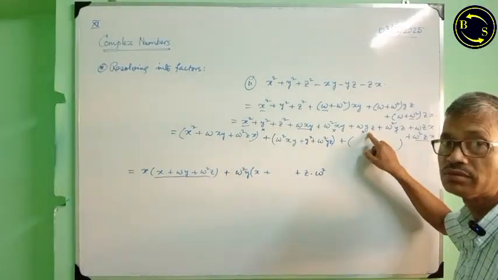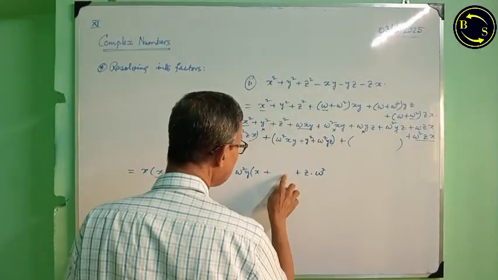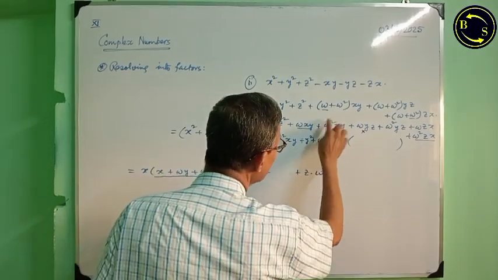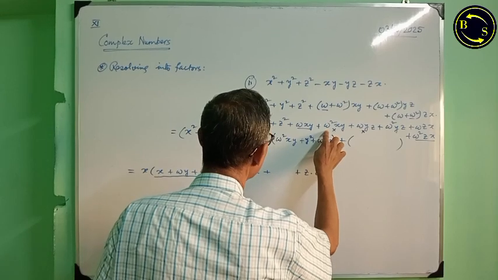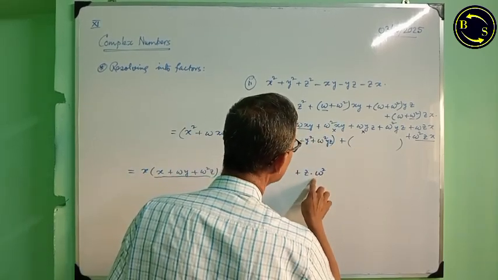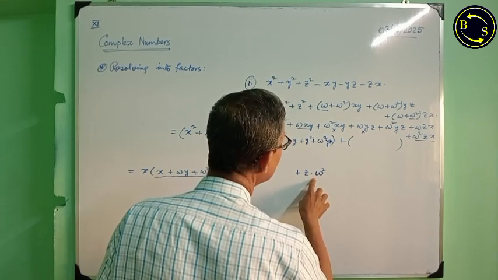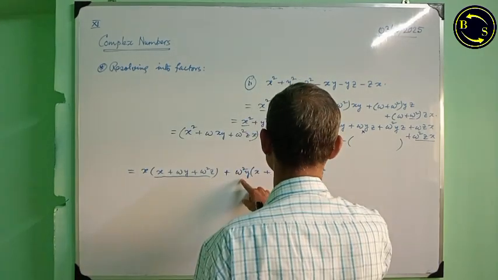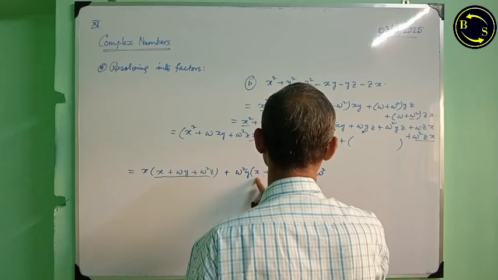That means this term. Now this will be y term. I have taken this one, omega square y. Sorry, this one, not this one. Omega square x.